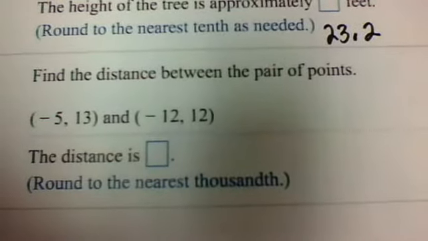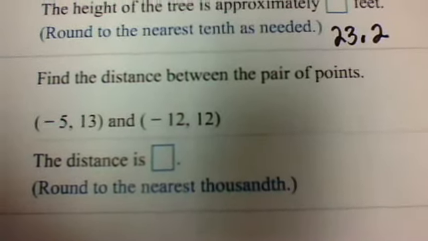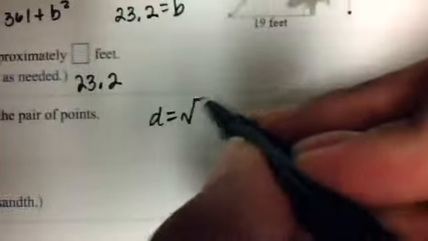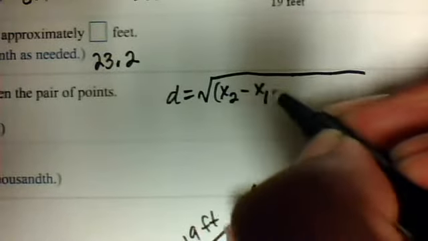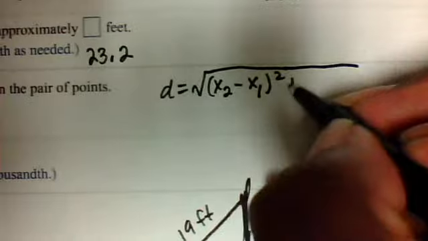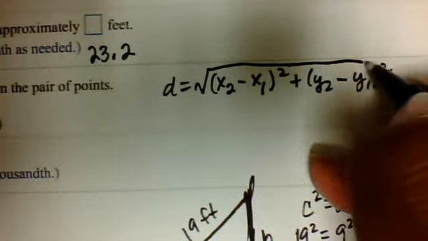Okay, problem number 5 is finding the distance between the pair of points. Here we've got negative 5, 13 and negative 12, 12. There is a formula for finding the distance between any 2 points, which is d is equal to the square root of x2 minus x1 quantity squared plus y2 minus y1 quantity squared.